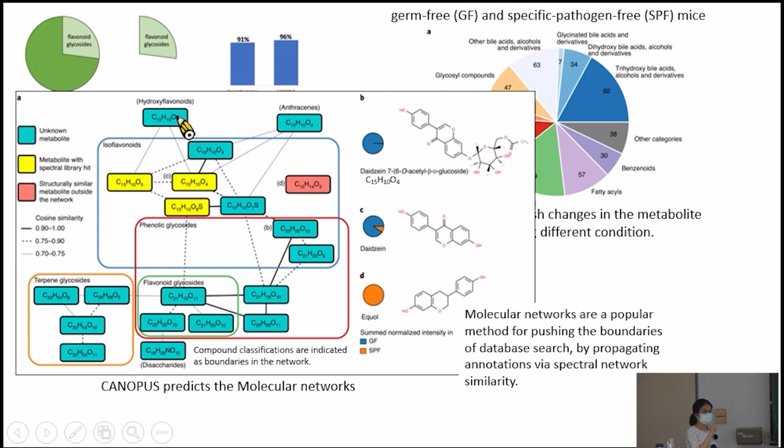And CANOPUS tries to link the different compounds with different similarity. You can see here, if the line is solid, it means it has a higher similarity. But if the line is dotted or dashed, it means it has a lower similarity.